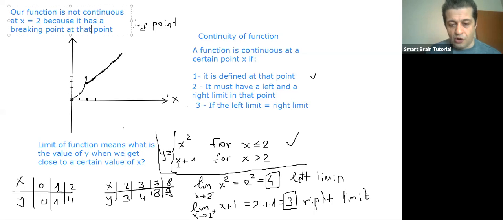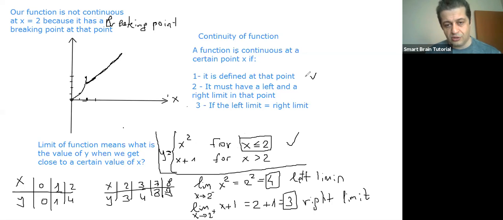But here in our case, the function is defined in the point x equal to 2 because this part here includes that point. X equal to 2 is included in the above part of the function. So the function is defined, it is okay.